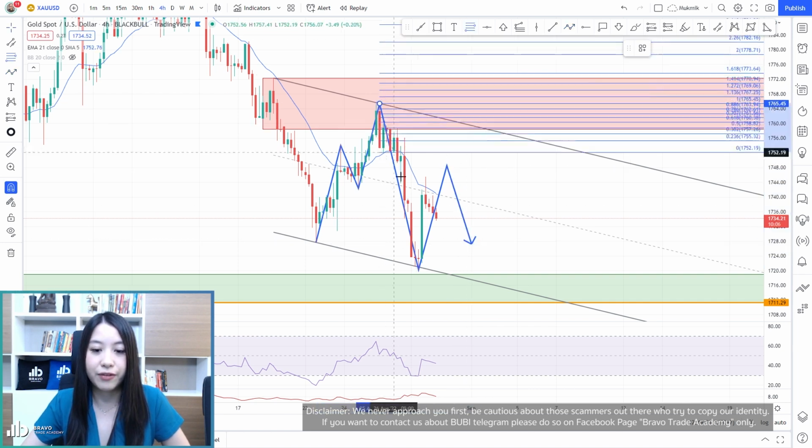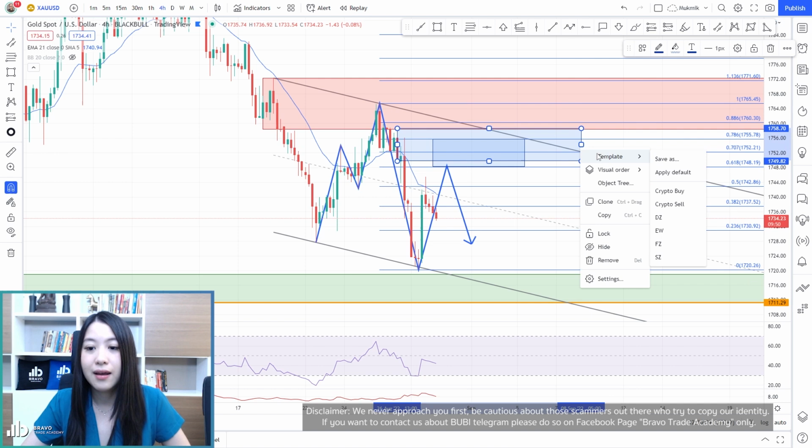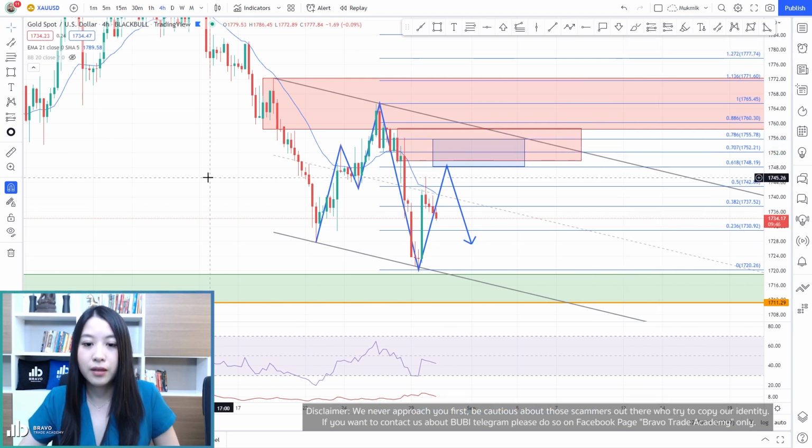I'll use my Fibonacci retracement and our entry point would be somewhere here. That's the entry point for the QM pattern, and we also have our supply zone up here, which is helping this QM sell to be successful.